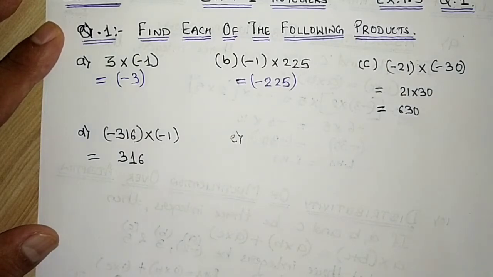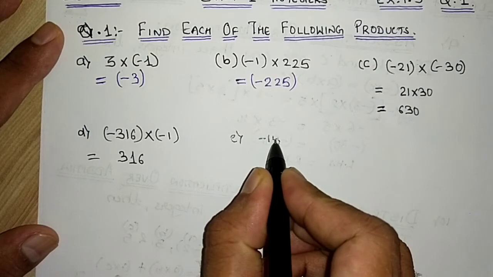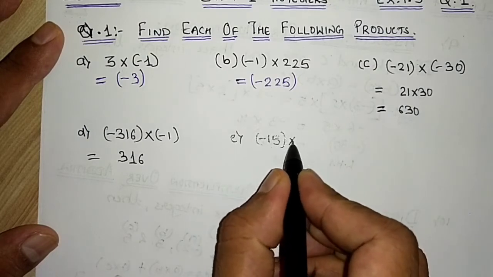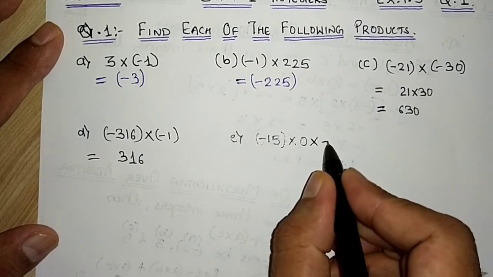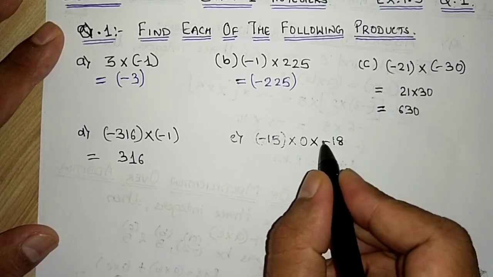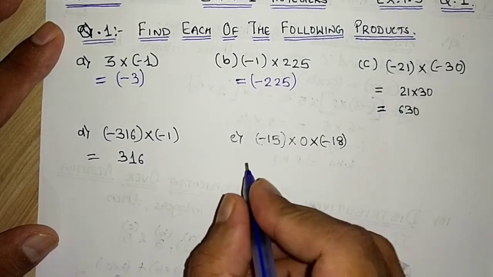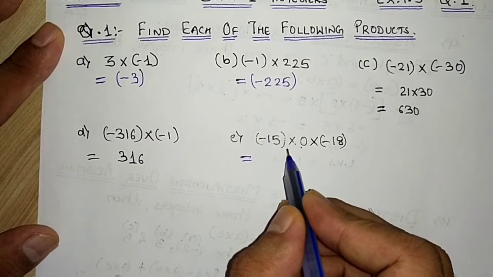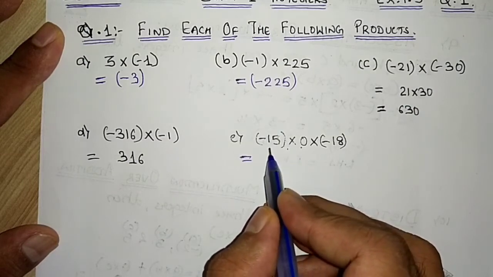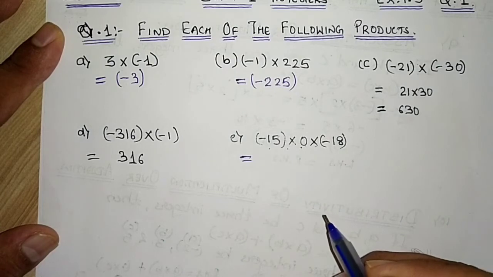Now E part, minus 15 multiply by 0 multiply by minus 18. Students, here you can see 0 is in multiplication with minus 15 and 0 is also in multiplication with minus 18.